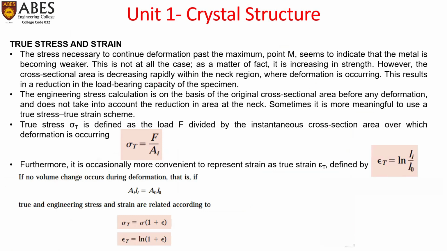Now when we are discussing the stress strain curve, we need to mention the true stress and strain analysis. The stress necessary to continue deformation past the maximum point M seems to indicate that the metal is becoming weaker.